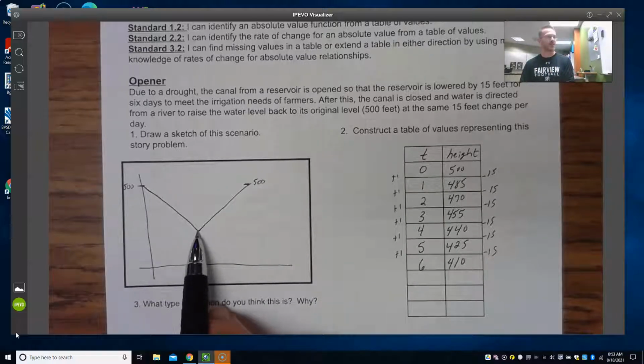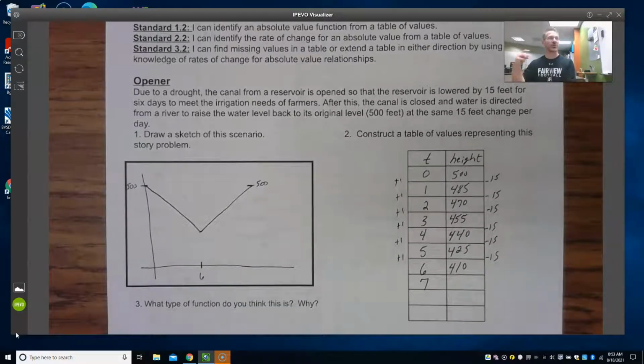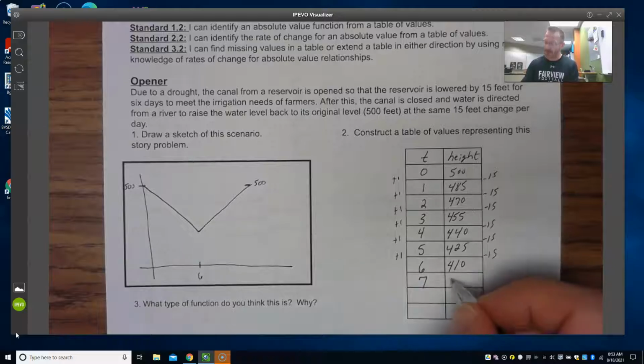What happens right here, we hit this turning point, or the vertex, and we change direction. So that's the big difference. That's the big indicator between absolute value and linear. We have a constant rate of change, but then it changes direction and gives us the opposite rate of change. And so notice now at day 7, it starts filling back up, and it's going to go back up by 15.